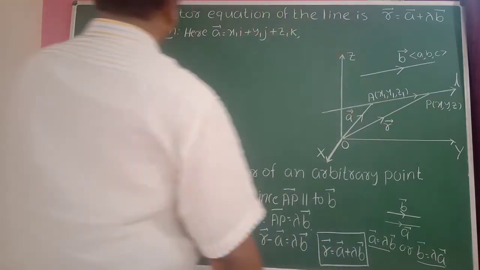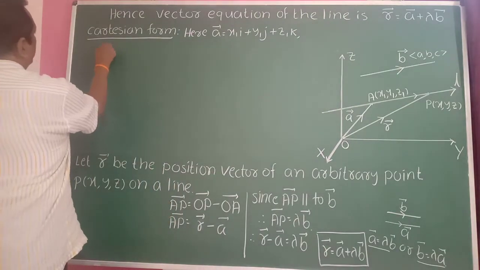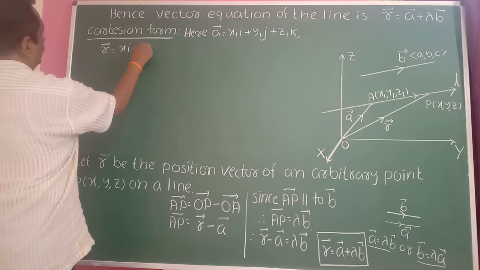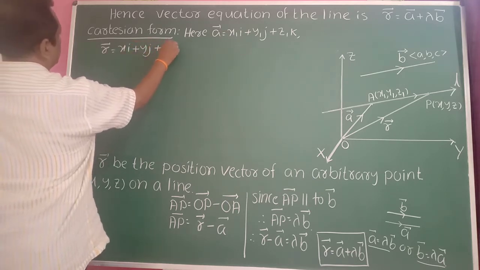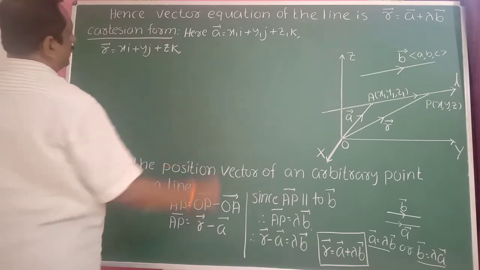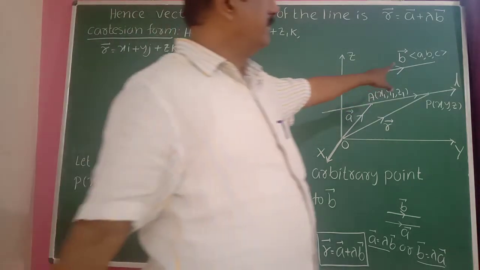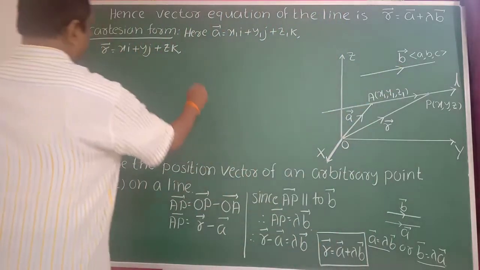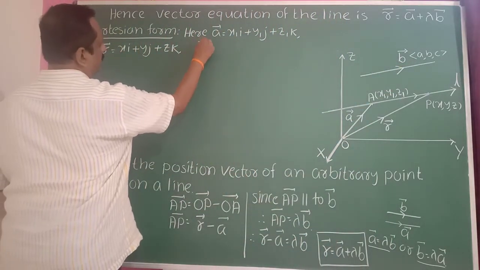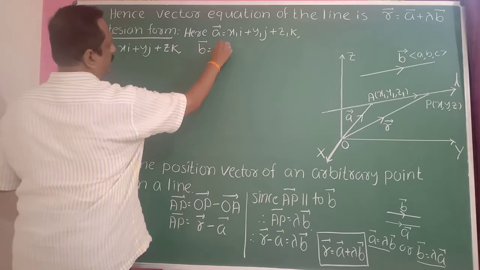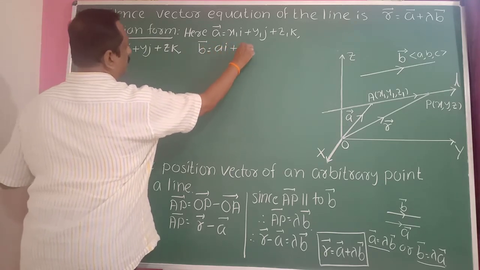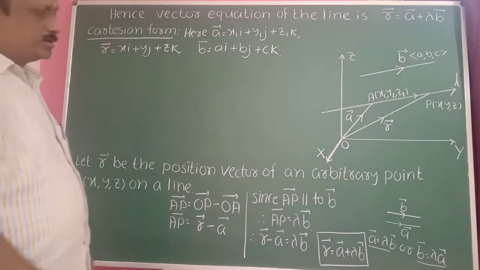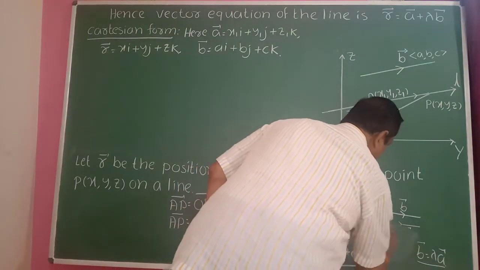Hence, r bar is equal to x i plus y j plus z k. And a, b, c are the direction ratios of the vector b bar, so b bar is equal to a i plus b j plus c k. Use all these results in this equation.